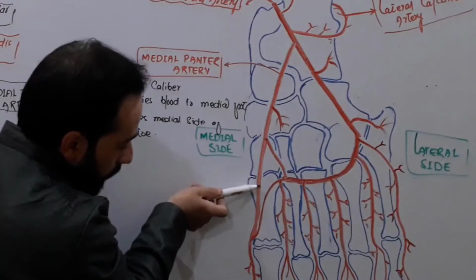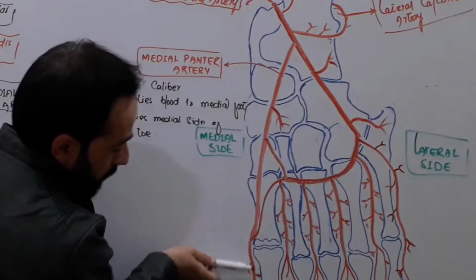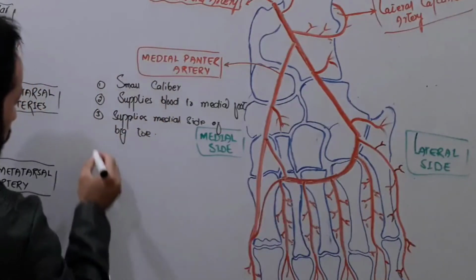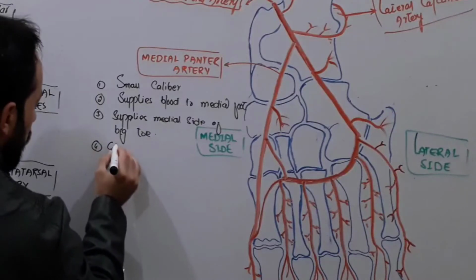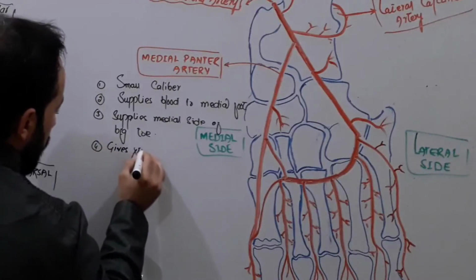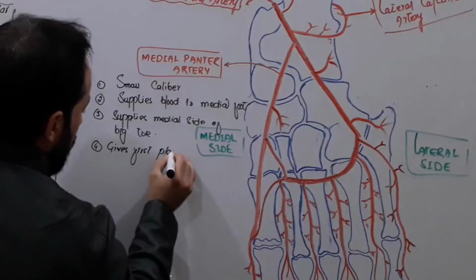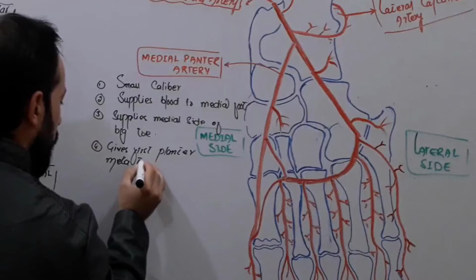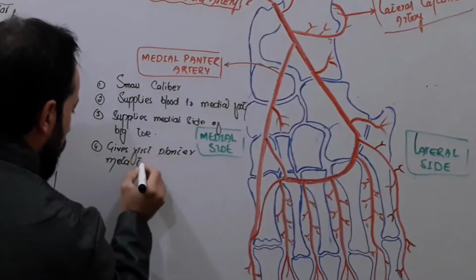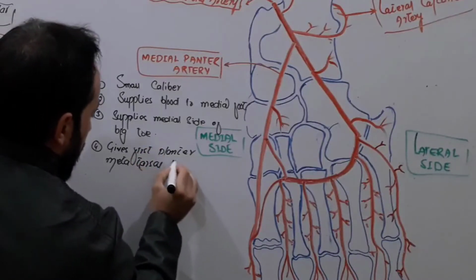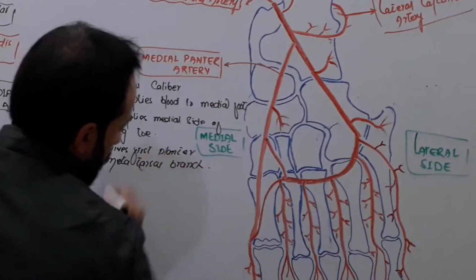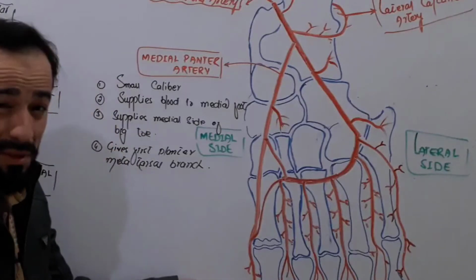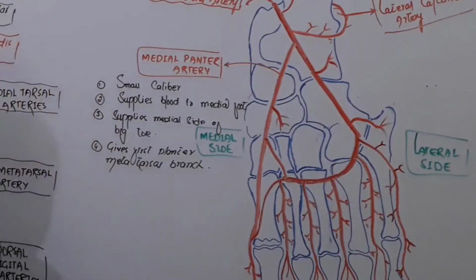So it gives the first plantar metatarsal branch, the first plantar metatarsal branch, right? Clear, friends? And this metatarsal branch is responsible for supplying blood to the big toe. We know that.